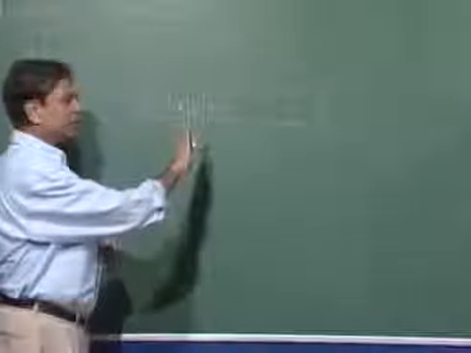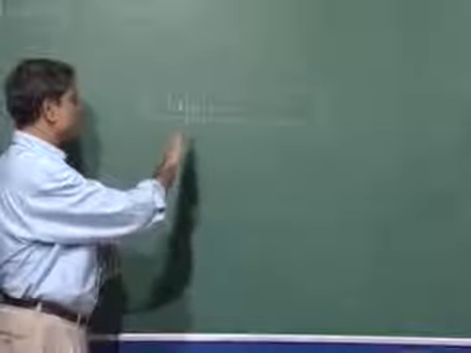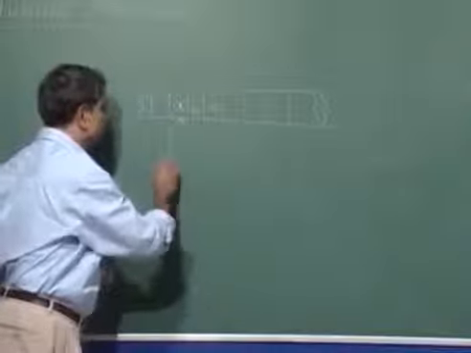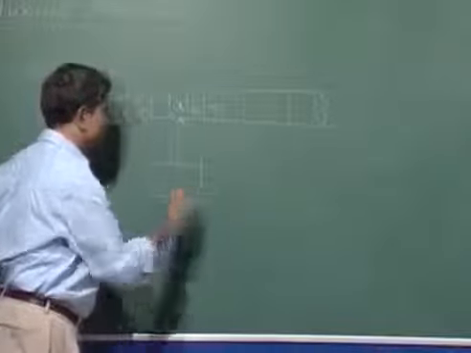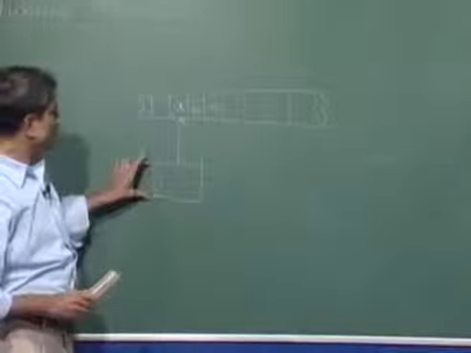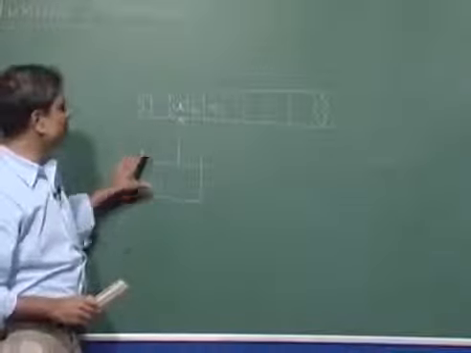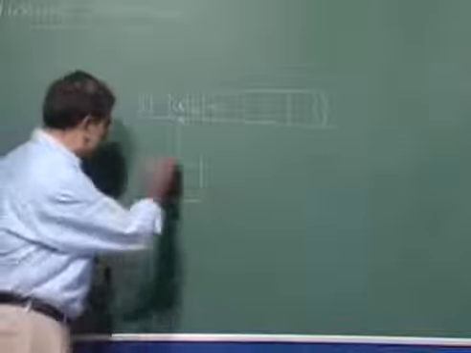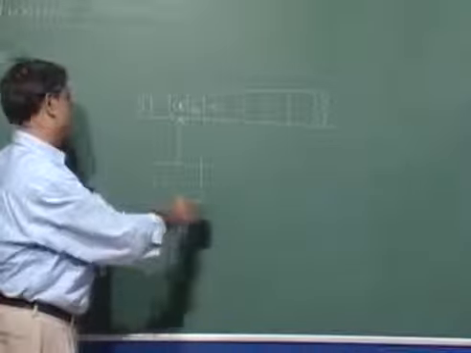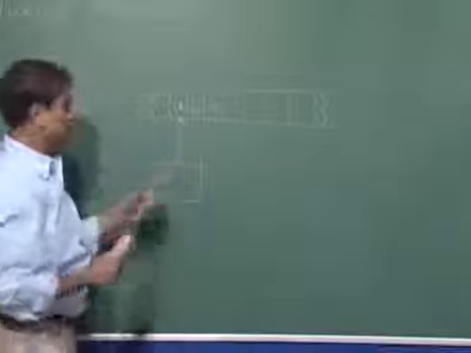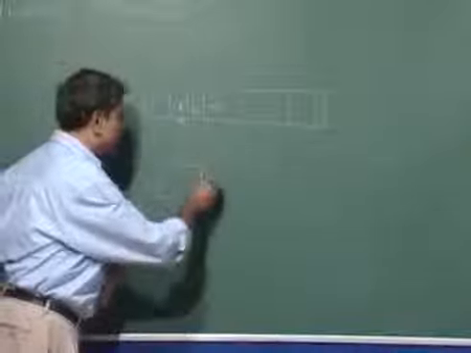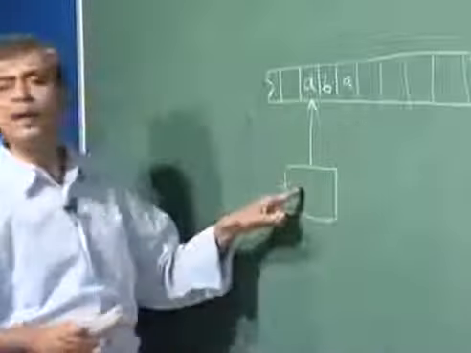Now, this is the tape of a Turing machine, and this looks very much like the finite state machine diagram that you recall. This is, if you like to call, the control component of the Turing machine, and it can be in a number of states.